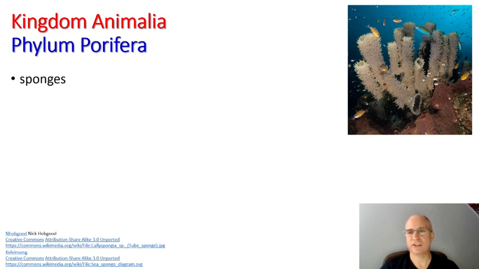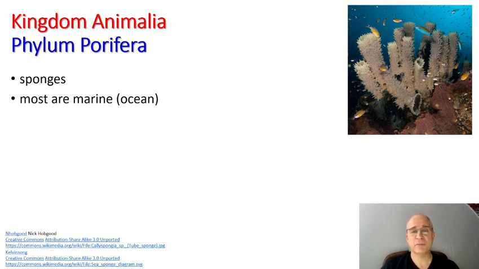Sponges are filter feeders, so their cells are going to have little cilia, these little hair-like structures, and as they beat, they're going to start a little water current, which can bring water and food particles inside the animal. Most sponges are marine, meaning that they live in the ocean.